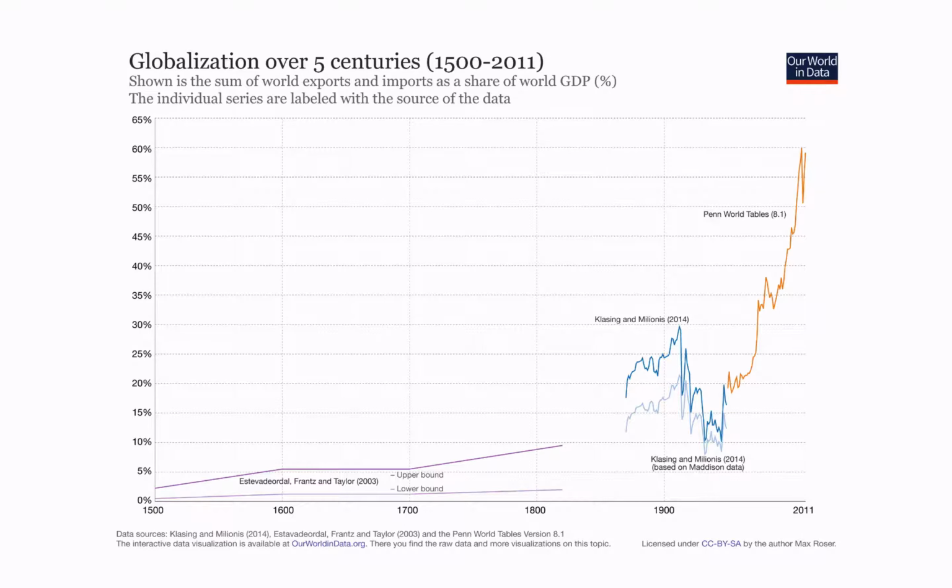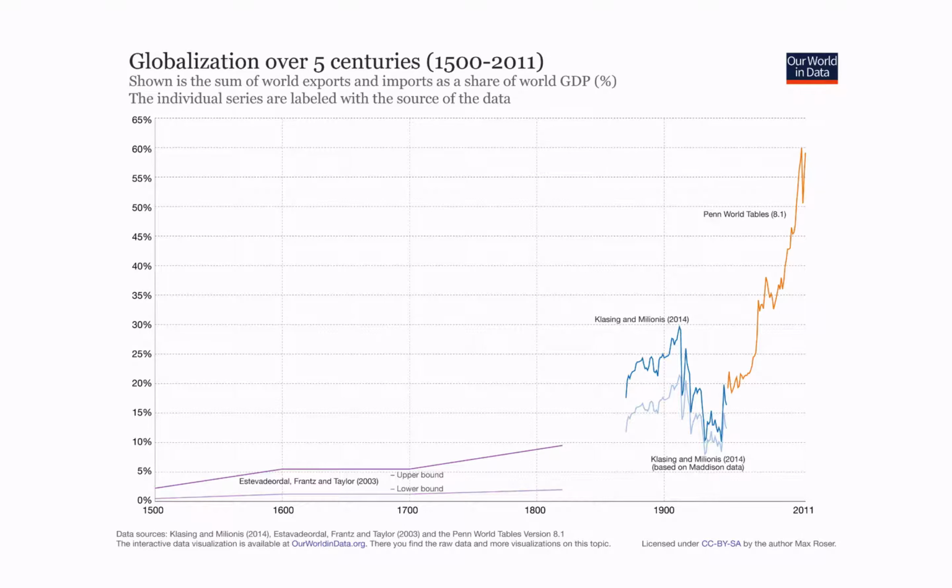It was compiled from a number of different resources looking at economic globalization starting in the 16th century, starting in 1500 up until 2011 when this graph was put together to see the increase in exports and imports as a share of global gross domestic product or GDP, right?